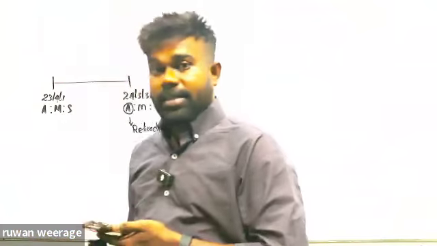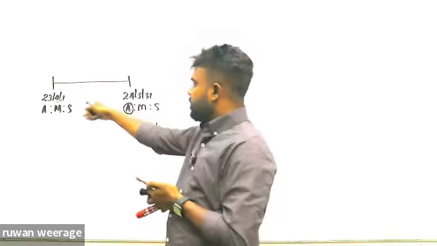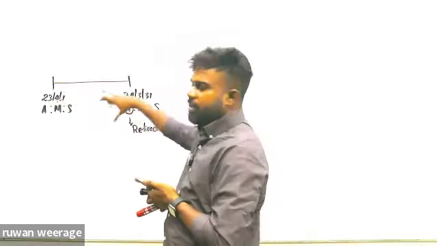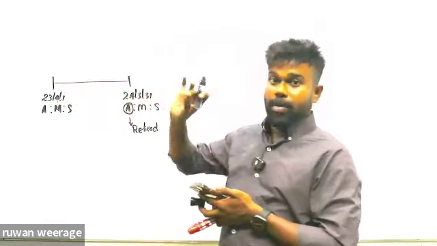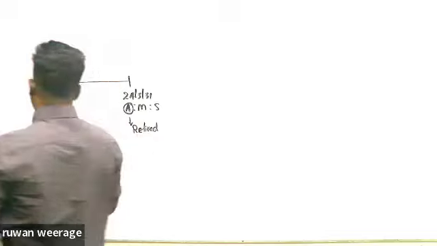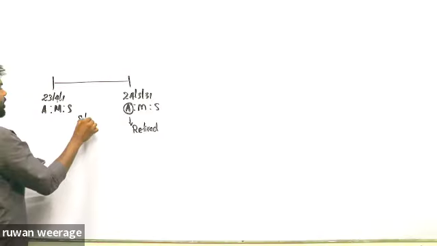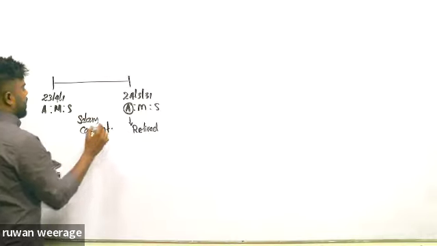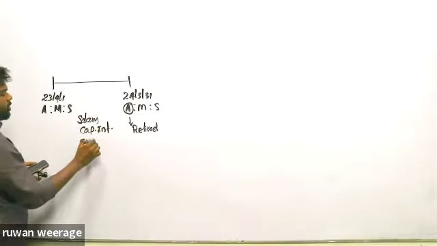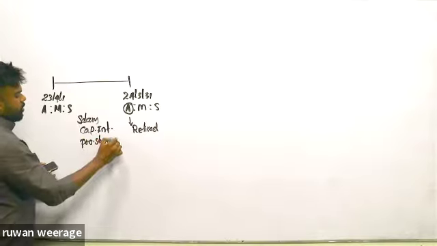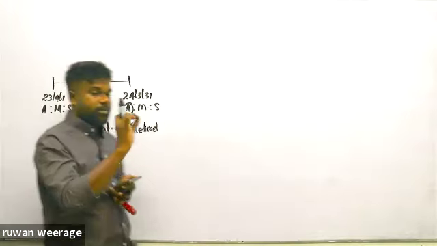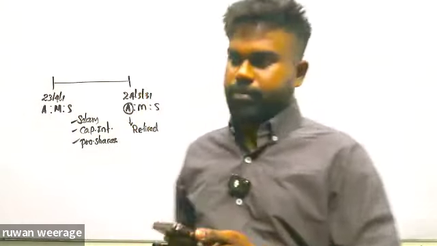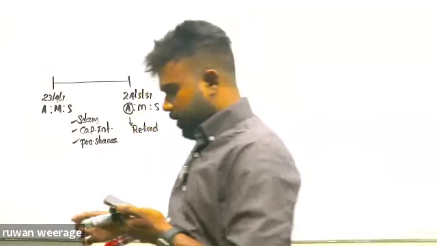Yes, because Amit worked during the period. He stayed during the period, right? So we have to provide salary, capital interest, and also profit shares. All 3 benefits I provide for the retired partner. Understand?